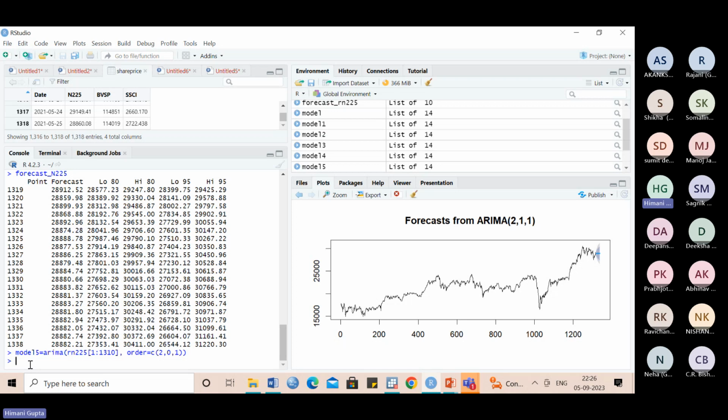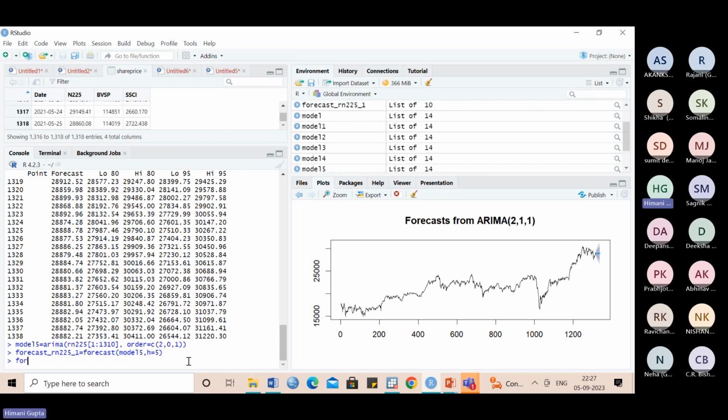So let's say forecast Rn225 underscore 1 equals forecast of model 5. And let's say we are just taking h equals 10 only, or I'll just take 5 terms only.